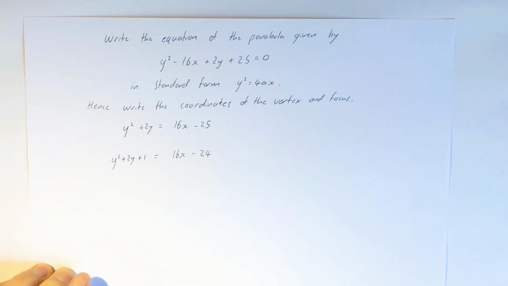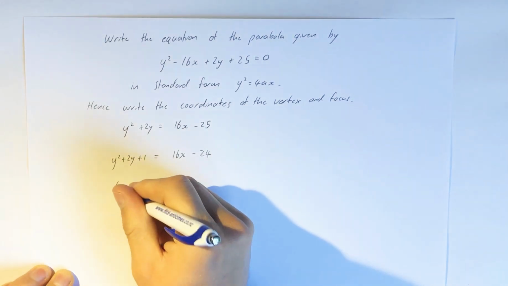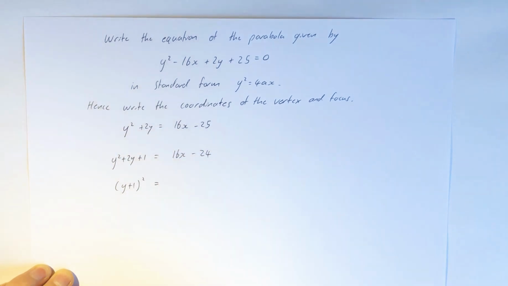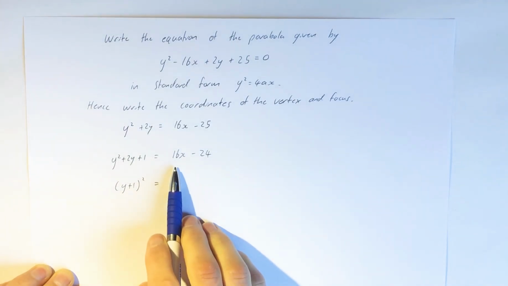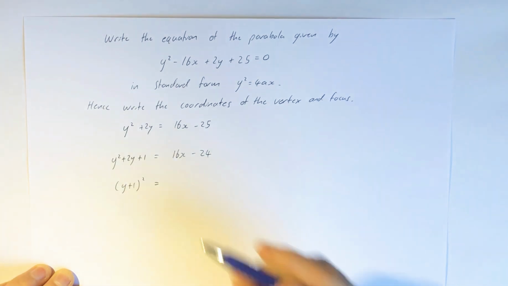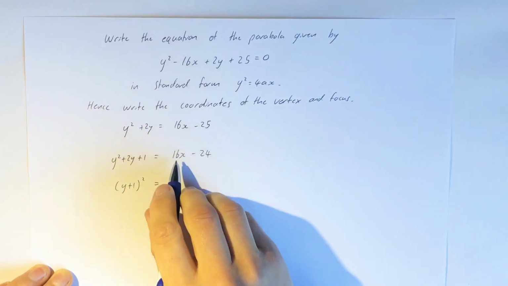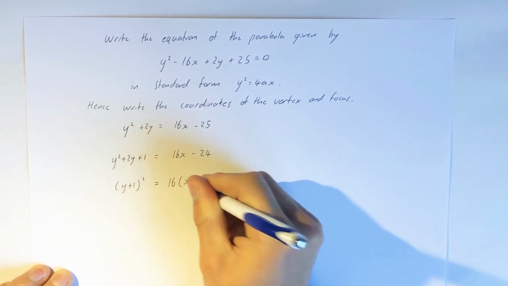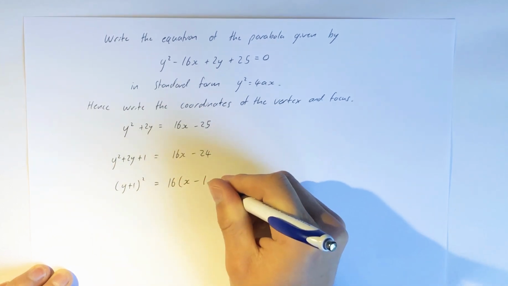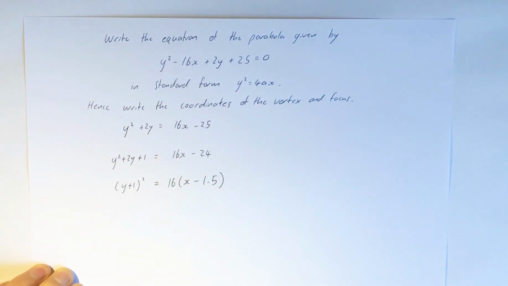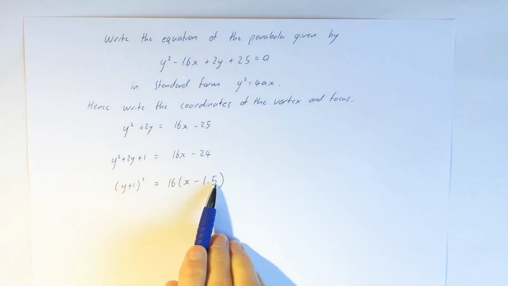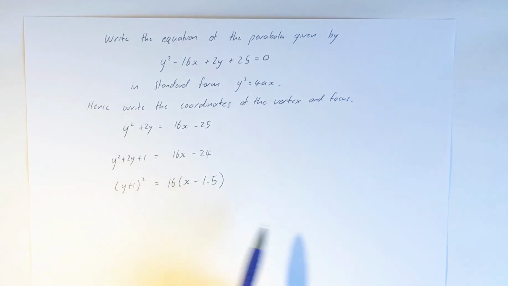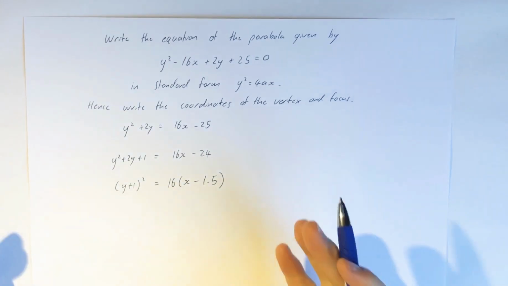Now I can complete the square. That's y plus 1 squared. And why don't I take out as much as I can from this? I'm actually going to take out 16 because I need x by itself in there. So I'm going to take 16 times x minus, and you see that that's 1.5. Not your typical factorization, I'll leave a decimal, but like I say, I want to know exactly what the horizontal movement is, and there we have it.